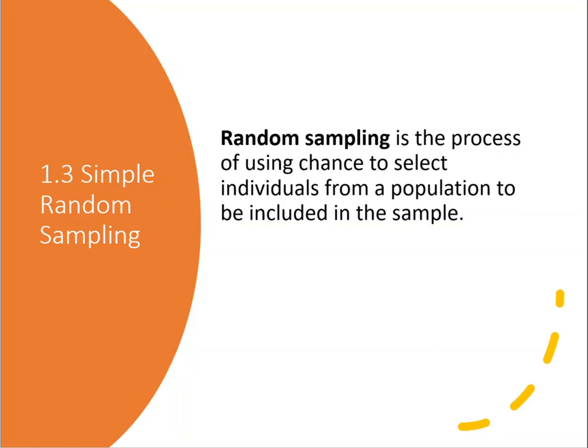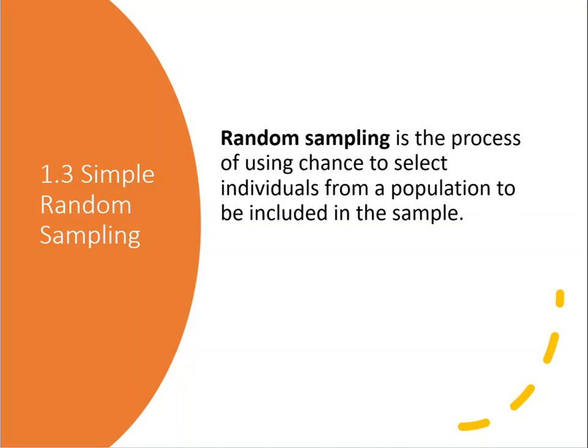Most importantly, we want to let chance or randomness play a key role in how we go about selecting our sample. It's that randomness or chance that we would rather have as opposed to some sort of convenience. So random sampling is the process of using chance to select that individual or those individuals from the population, and that's how we go about creating our sample.